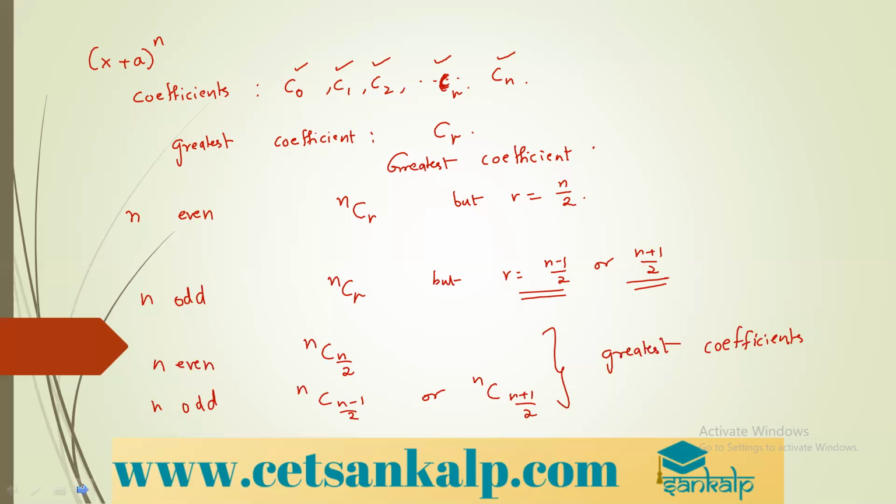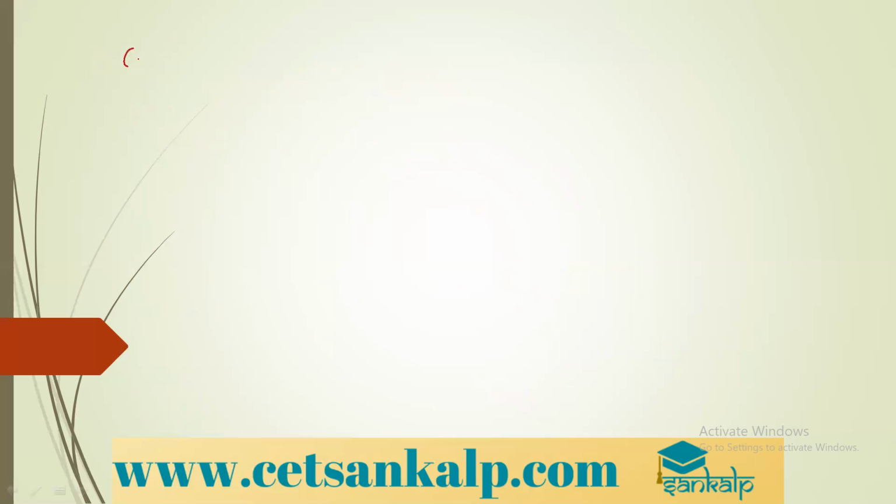Similarly, like greatest coefficient in a binomial expansion, you can find the greatest term also. There is a method to find the greatest term. First of all, you have to find the value of something.